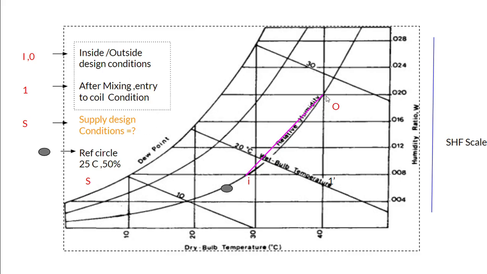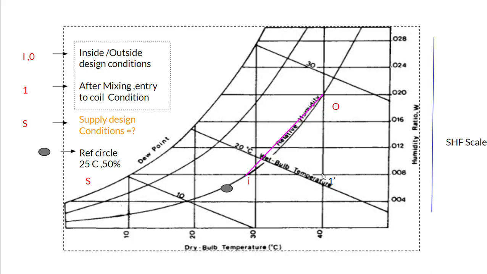Suppose I'm interested in knowing the contribution of outside air sensible heat. For outside air sensible heat, I am interested in these 2 points because these are the points on the temperature line. So get the enthalpy at 1 dash on the psychrometric chart, get the enthalpy at I. This delta H, that is enthalpy at 1 dash and enthalpy at I, would help me calculate the outside air sensible heat.